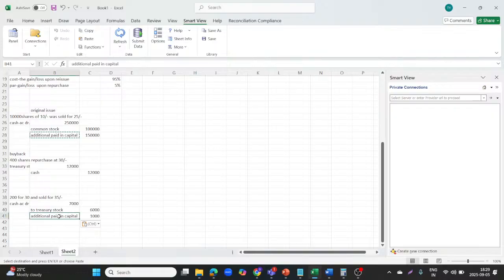So this is how you book the journal entries as per the cost method. Now as per the par value method, in a similar case, this is the original issue. Now as per the par method, that is the second method.